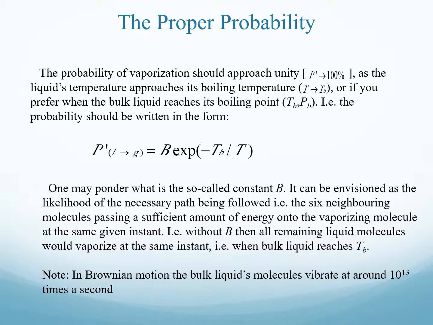So you can consider that, again, the Brownian motion in bulk liquids, they vibrate around 10 to the 13th times per second. So you can imagine this probability plays out so many times in each second. And it's only when the 6 molecules are passing the energy on to the vaporizing molecule at the same instant that it can break all the bonds and become a gas or a vapor.